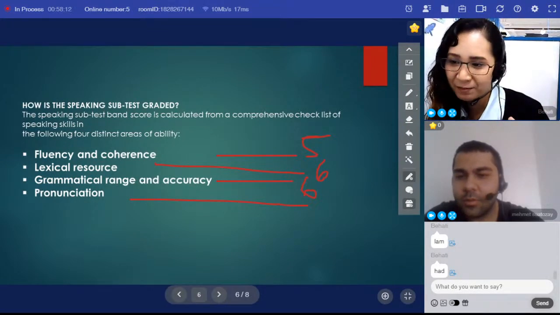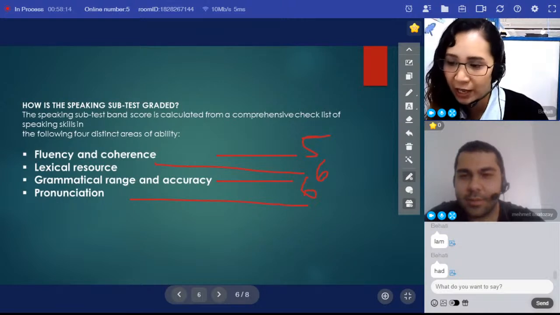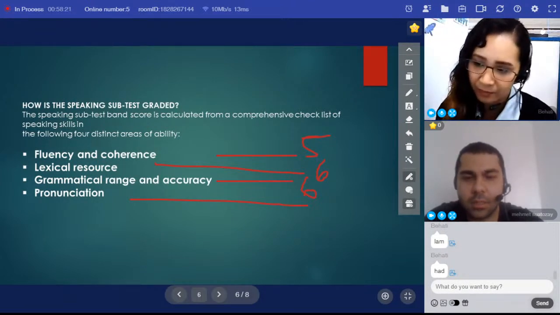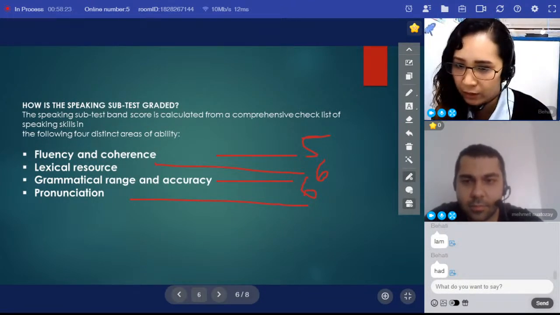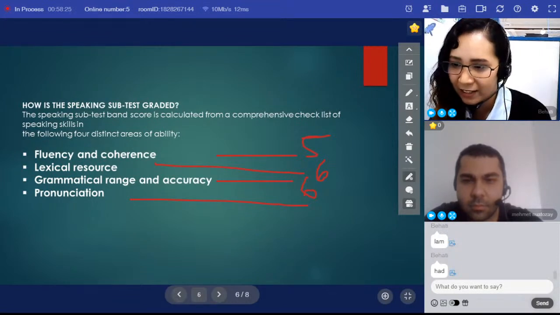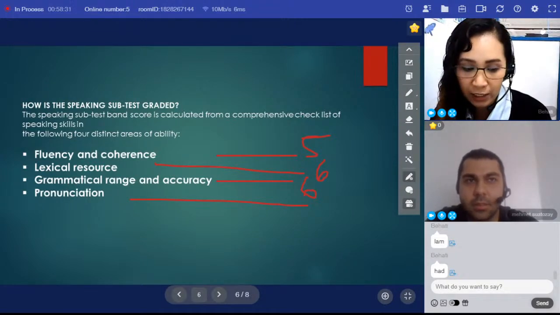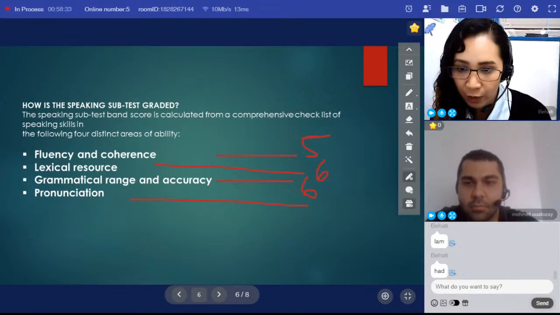When you mentioned you had a toy car, "I had," like that, right? At first, it sounded like "hed," not "had." So for your pronunciation, I'm going to give you a 6 as well.